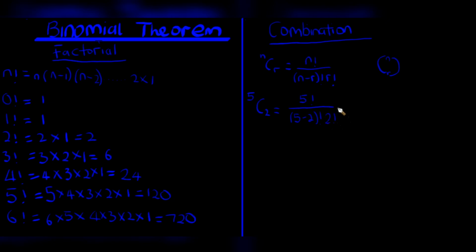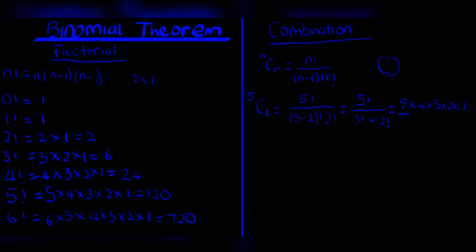Let's take the difference at the denominator and see how it goes. So that would be 5 minus 2 gives us what? 3 factorial times 2 factorial, right? So 5 factorial, we can choose to open that up as 5 times 4 times 3 times 2 times 1, right?